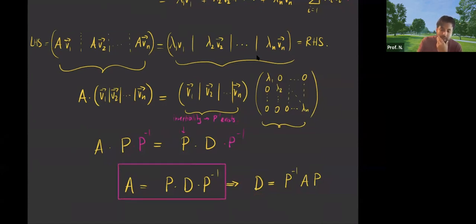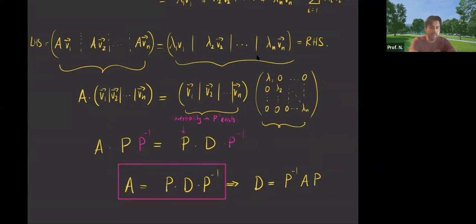So what's the assumption? The assumption is that A has to have what? It has to have n linearly independent eigenvectors. If you have n linearly independent eigenvectors, then you have a diagonalizable matrix. If you don't have n linearly independent eigenvectors, then you cannot factorize the matrix in this fashion.